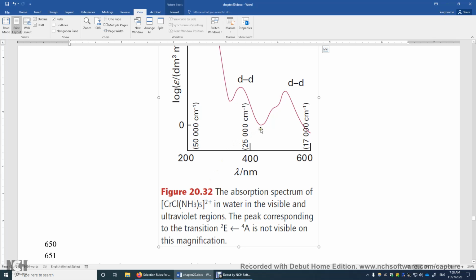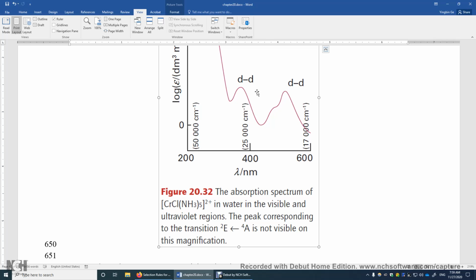There are 2 other reasons for d to d transition to occur. We mentioned one reason, the vibrations of the ligands. The vibration between the ligands and the metal may distort the Oh symmetry, even if you have 6 identical ligands. Right? That's another reason. There's a third reason.